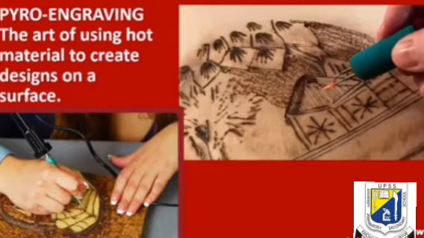And in our vicinity here, we have calabash engraving, whereby part of the surface of the calabash is being drawn on, and tools are used to actually make these drawings.